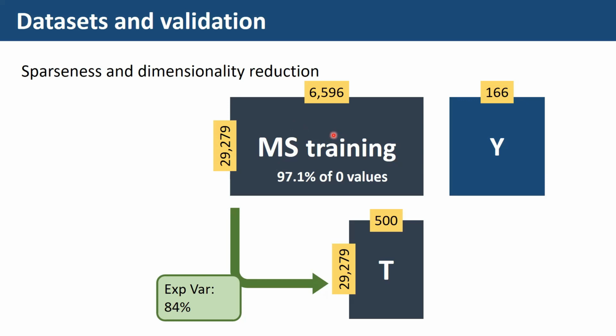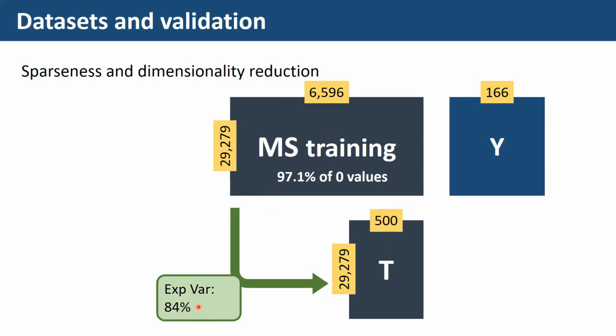So in order to reduce sparseness and the dimensionality, we also tried to get a PCA model. We calculated a PCA model on the training data, and then we projected the validation and the test set in the PCA. And we retained the first 500 components, which explained around 84% of variance.